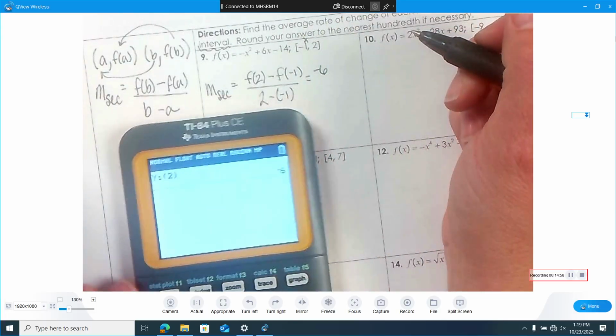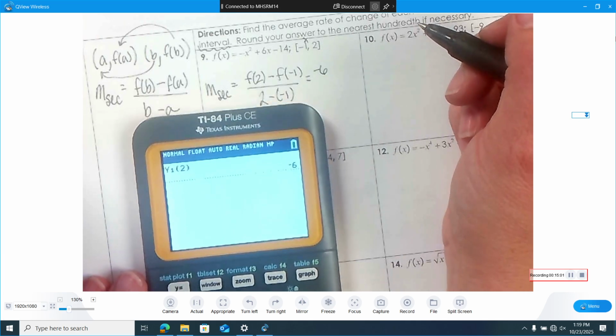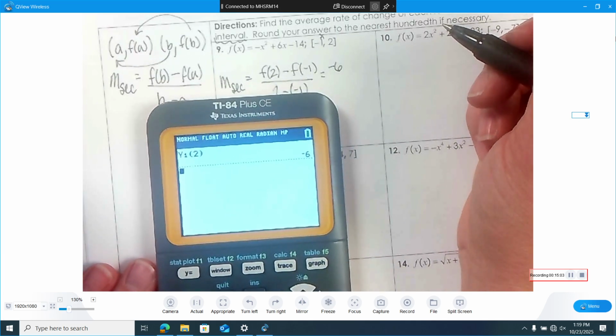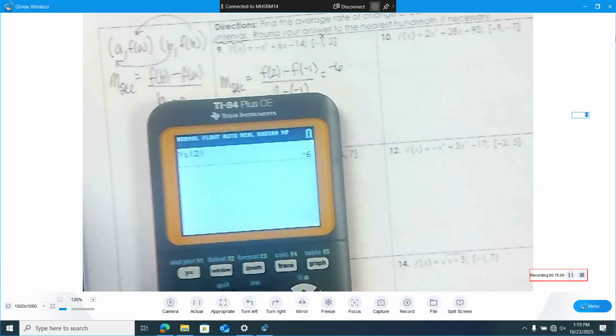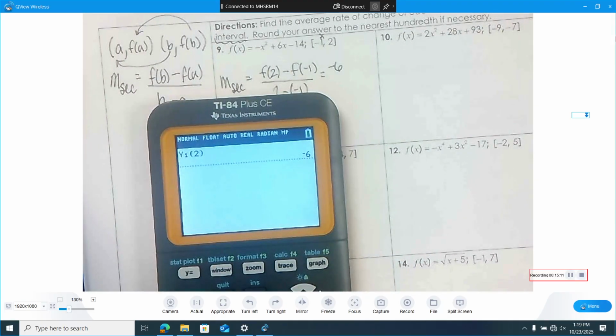What did you get? Did you not get it? Did you type in your function right? Did you do the parentheses? Do second quit. Quit. All right, and now do alpha F4.